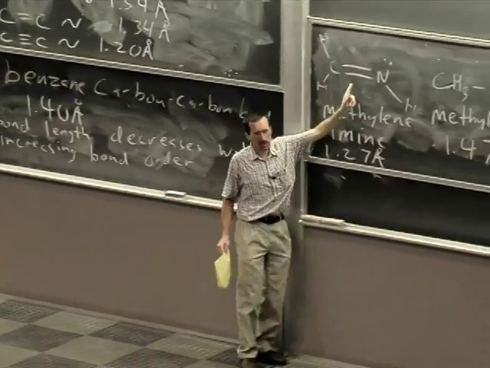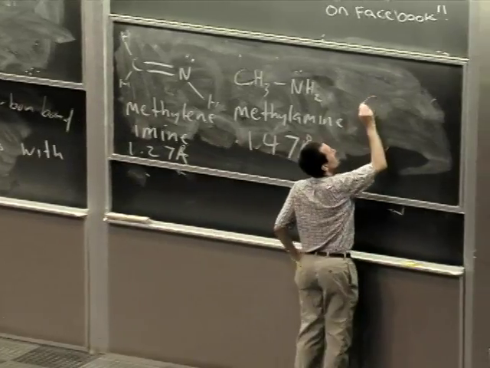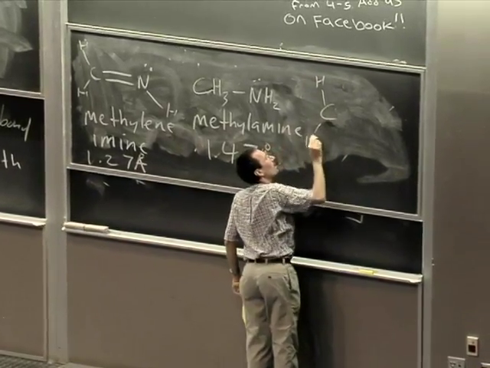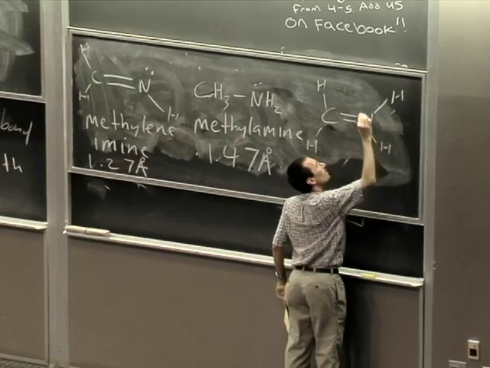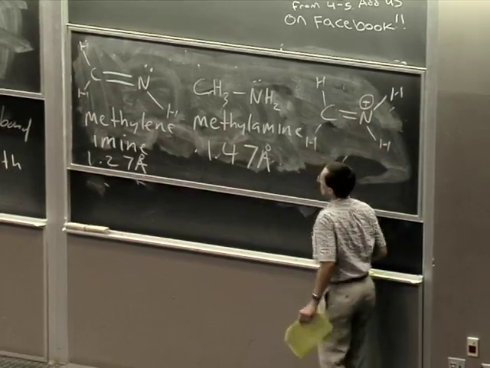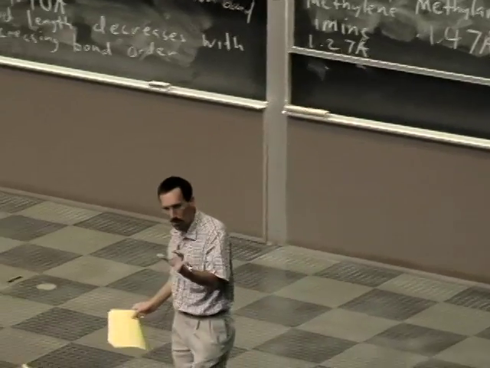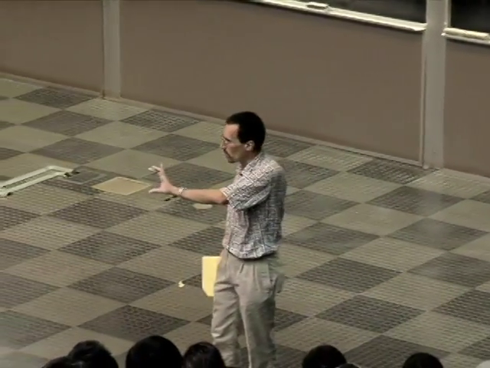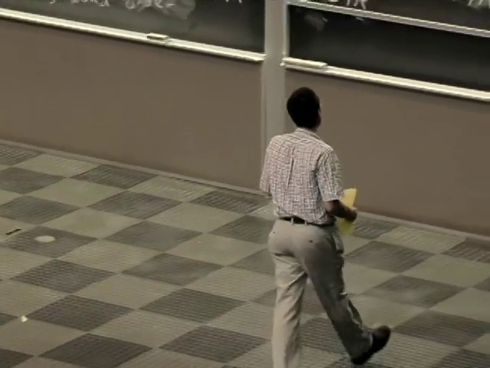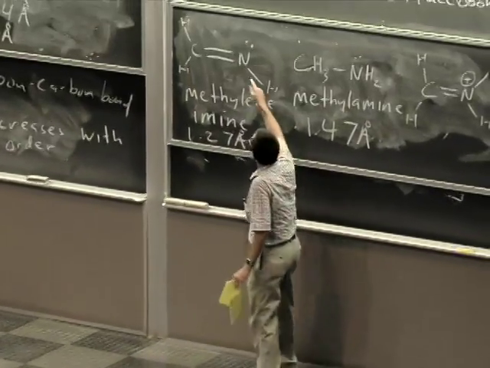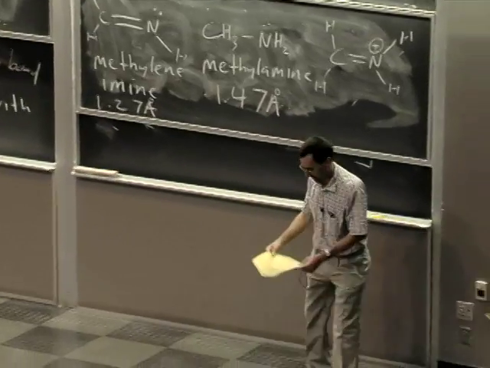Now, let's consider the protonated analog of methylene imine, the methylene iminium ion. Just as in formaldehyde, I said, imagine for a moment putting a proton on the lone pair of electrons of the oxygen in formaldehyde. Here I'm saying, imagine for a moment putting a proton on the lone pair of electrons on methylene imine.